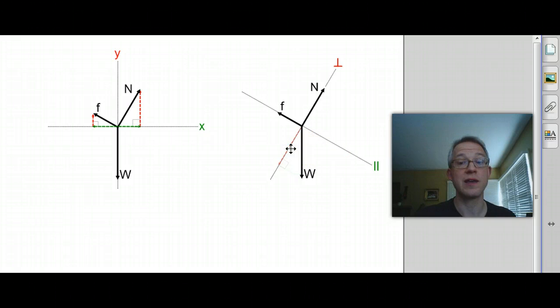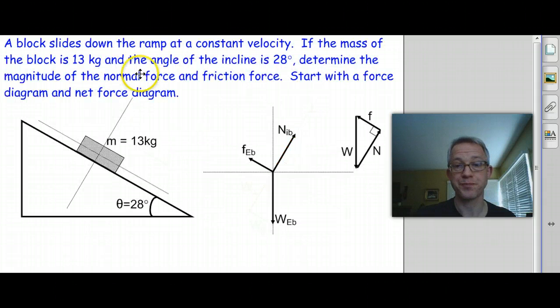So we're going to resolve the weight force into two parts, one that is perpendicular to the plane and one that is parallel. And this is a much easier problem since we only have one force to worry about resolving. And in fact, these are all going to be balanced. This is going to balance this. This is going to balance this. It's going to be a much easier problem. So let's go back and solve this one.